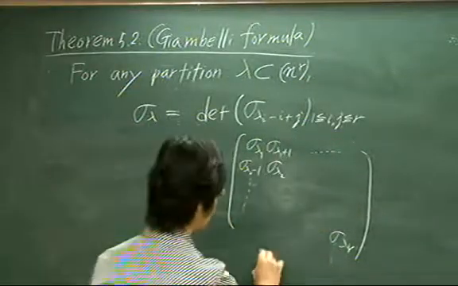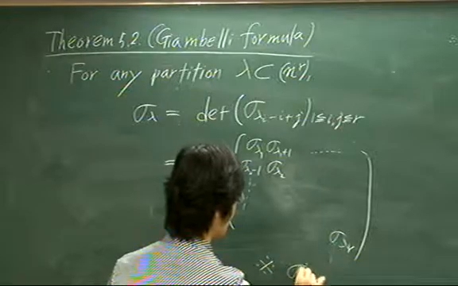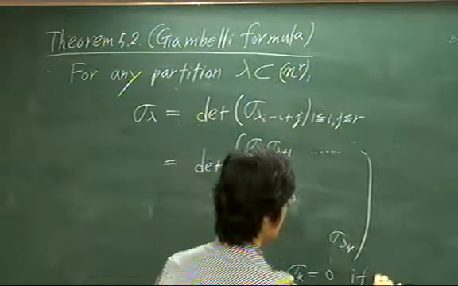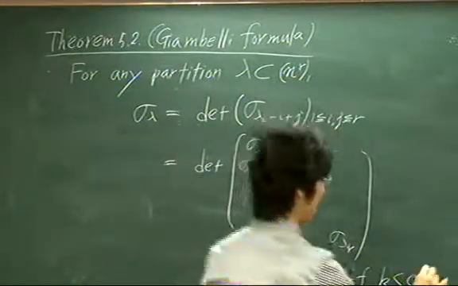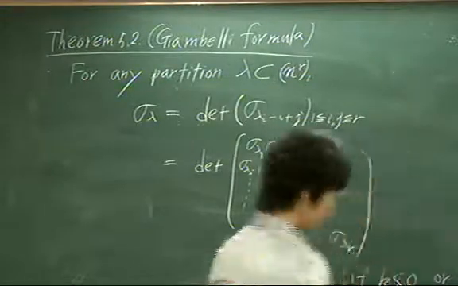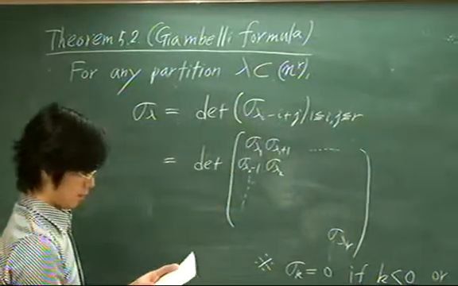And we use a convention: sigma k equals 0 if k is negative or k is greater than n.